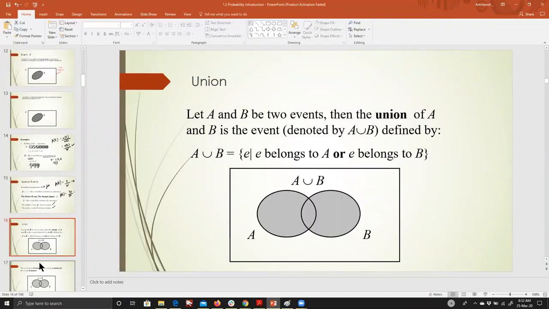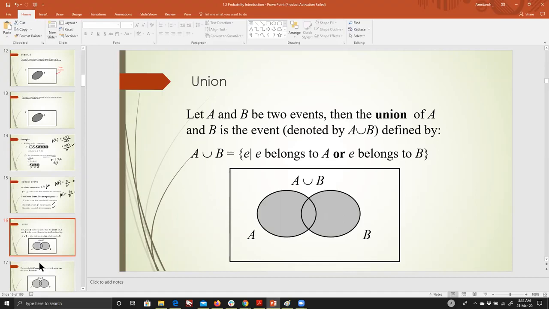This is basically a set theory idea. What is the union? Let's say we have two events at once. Not just one event, but we want to get the union of two events. How to get it? The common space between A and B. Yes, very good.